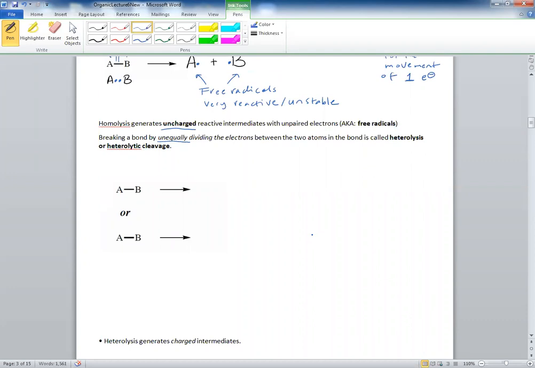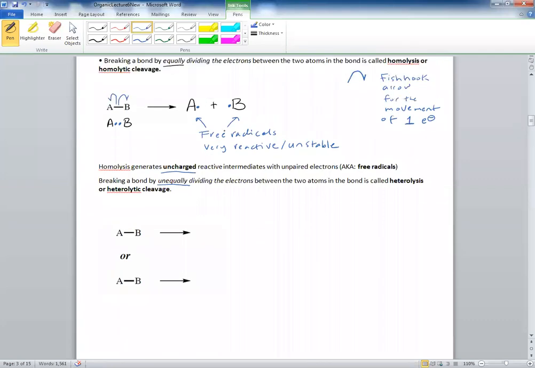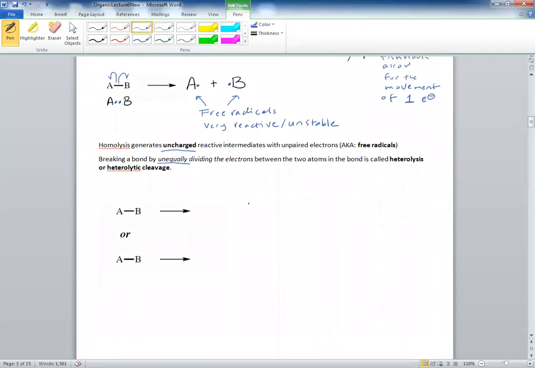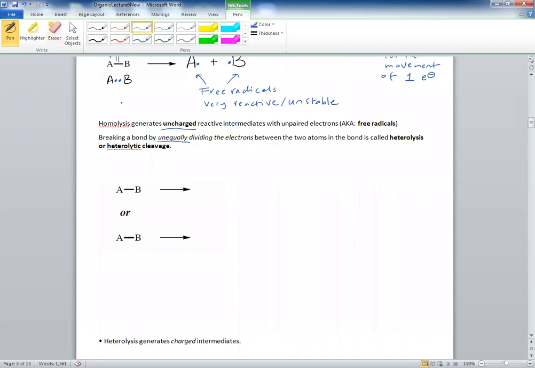Hetero means not uniform or unequal. Homo means equal, kind of uniform, like what we did here. So you have right here this part, and watch how the arrow is different. You know you have two electrons, so you would draw it this way. Notice the double-headed arrow. And what you get is A and B.